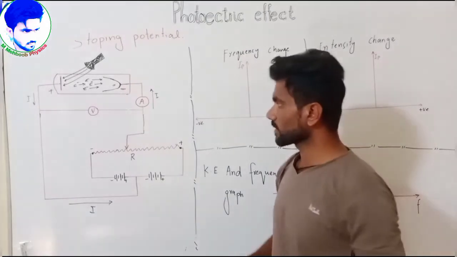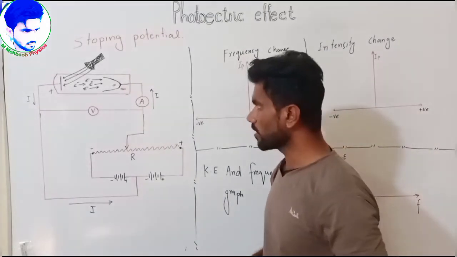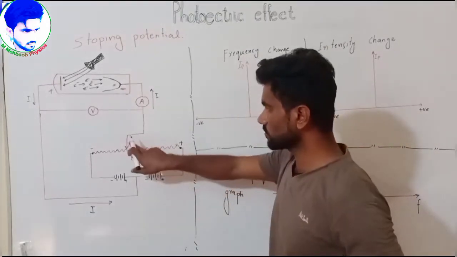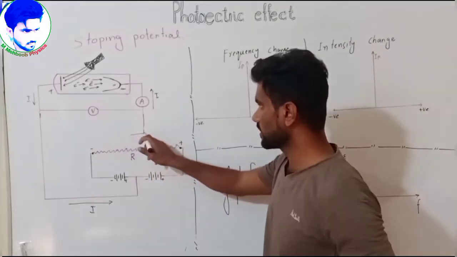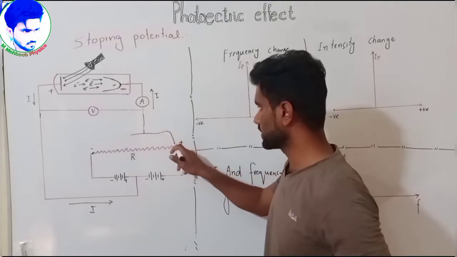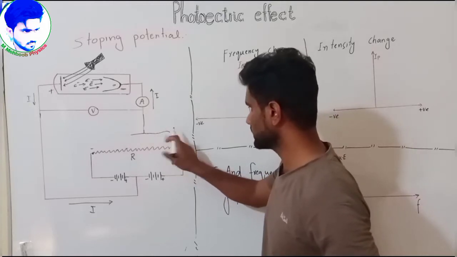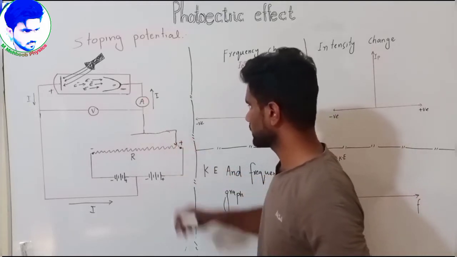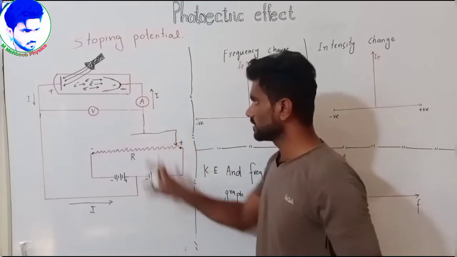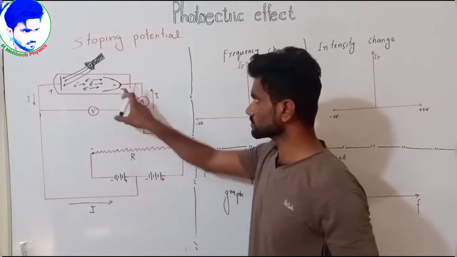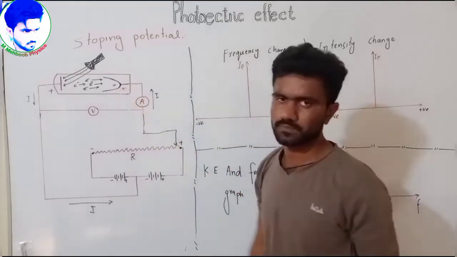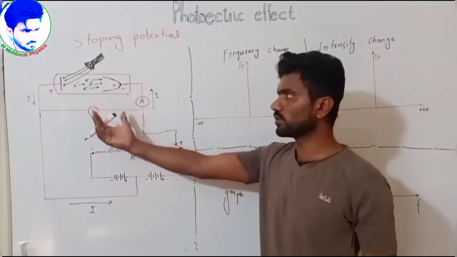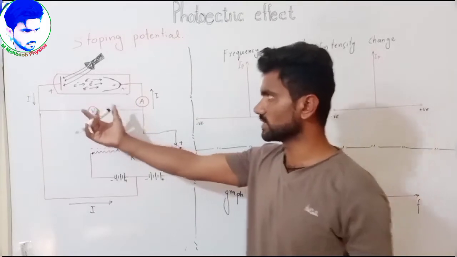So when we are performing our experiment, first of all we place this terminal at that point. In this way this becomes positive, because there is no potential difference between these two terminals.